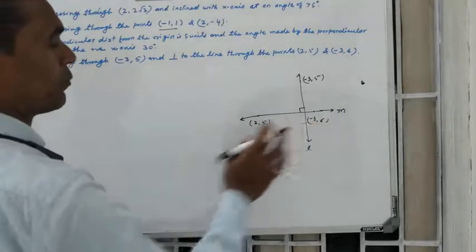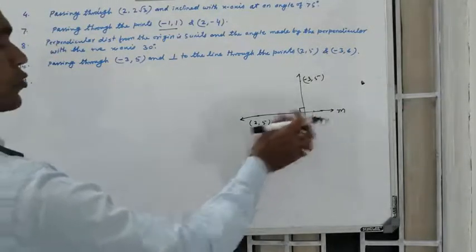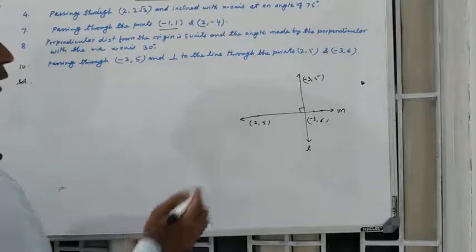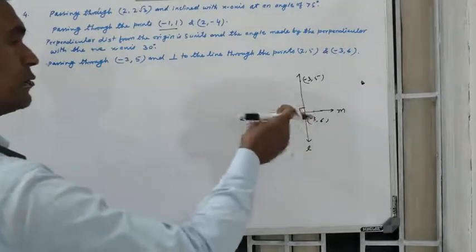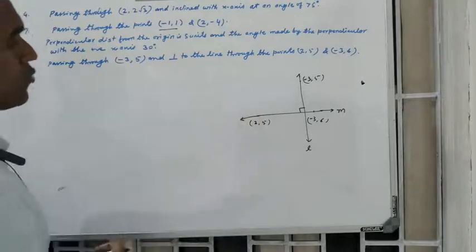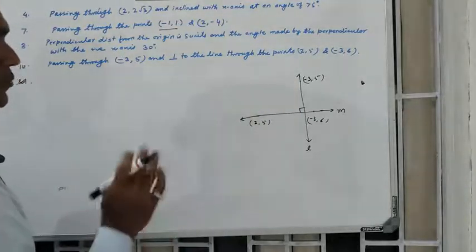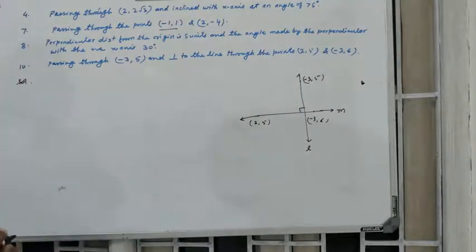L and M are perpendicular to each other and M has 2 given points. So with the help of this we can get the slope of line M, and the point is given, so we can apply the slope-point form here.